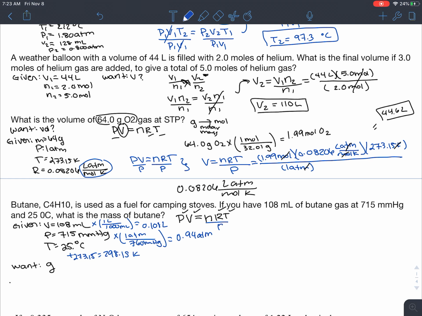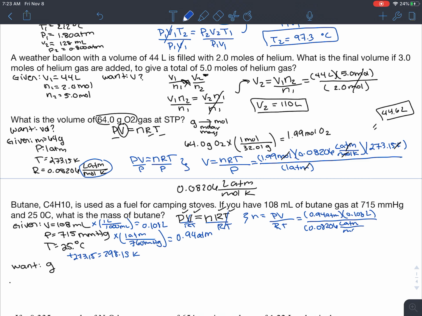So if I want n, I need to divide both sides by RT. So then I get n is equal to PV divided by RT. And you plug everything in. Pressure is 0.94 atm. Volume is 0.108 liters.